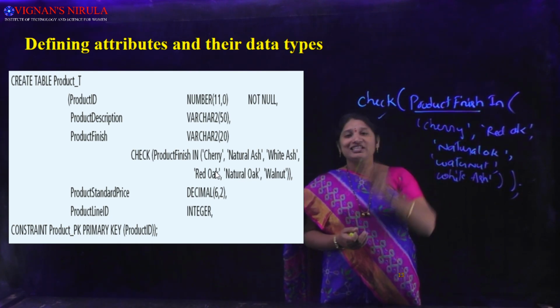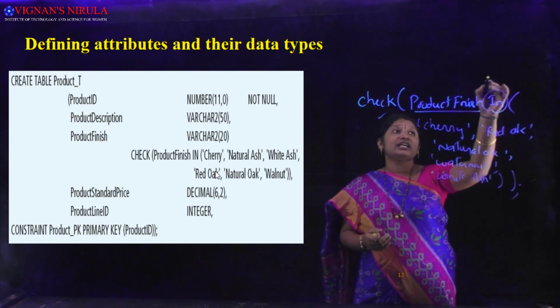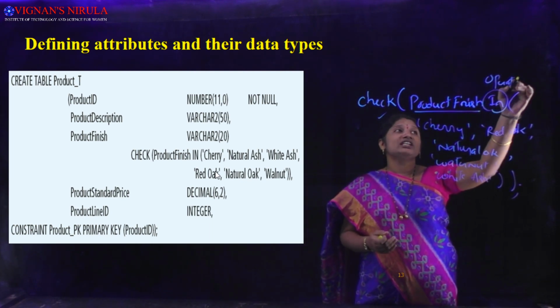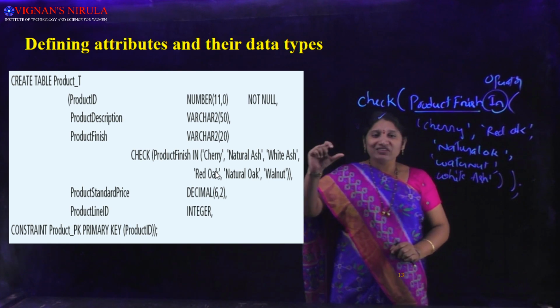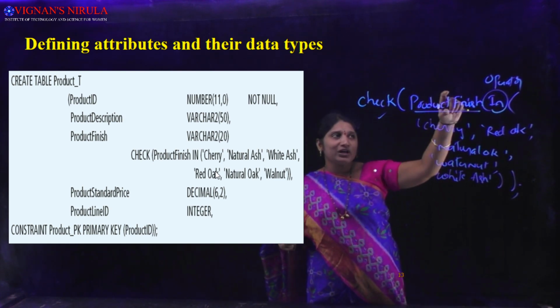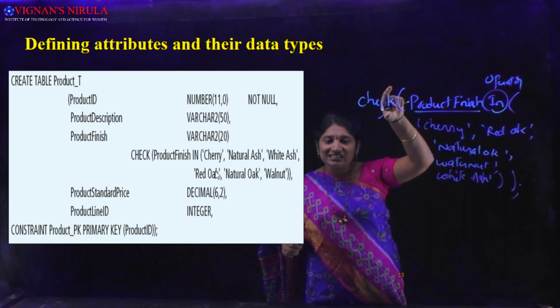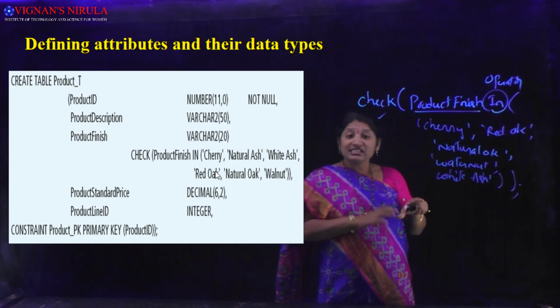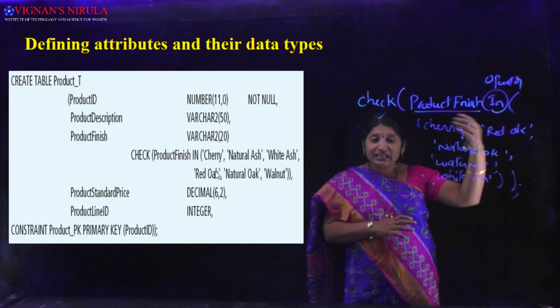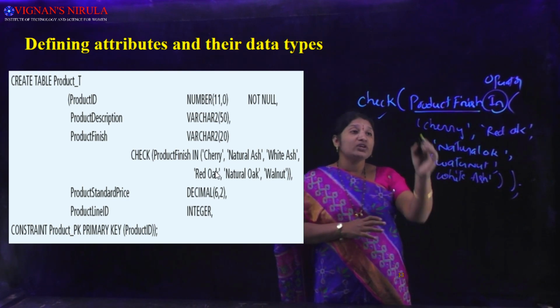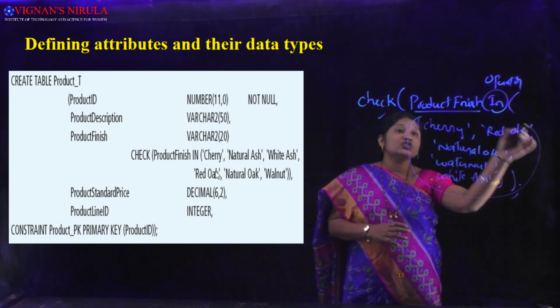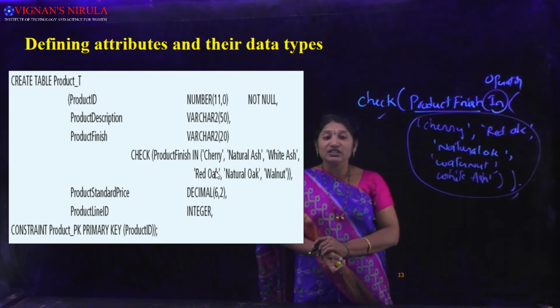That is the meaning of the check constraint, or the meaning of the in operator. How the in operator works is, whenever we are giving the values for the product finish, this check constraint will automatically check that the entered values must and should be within the specified list of values.